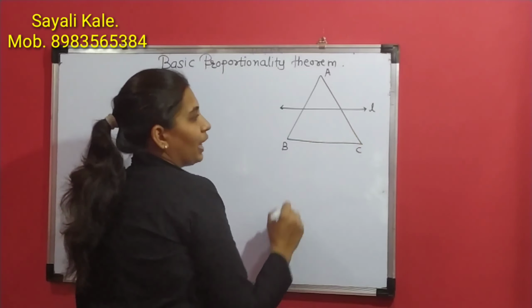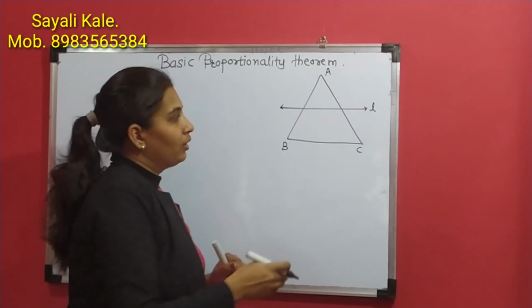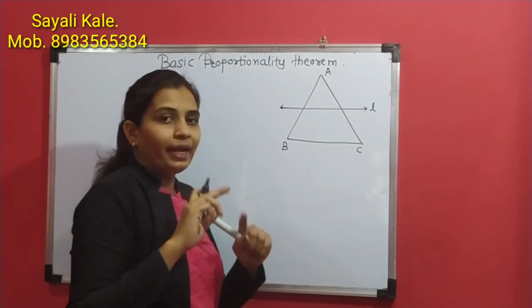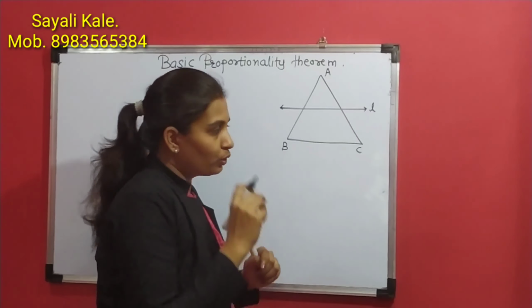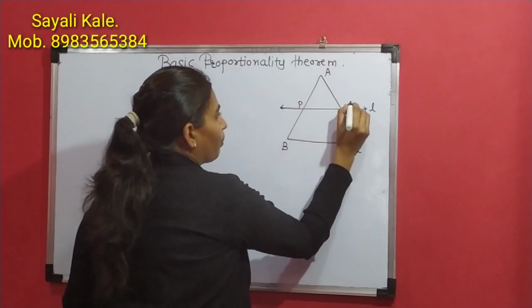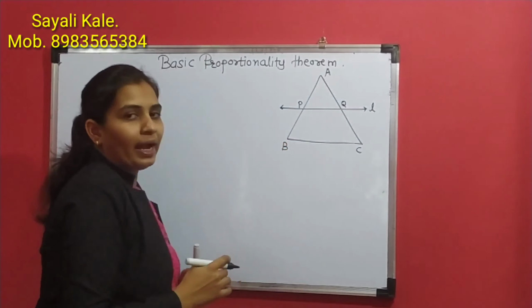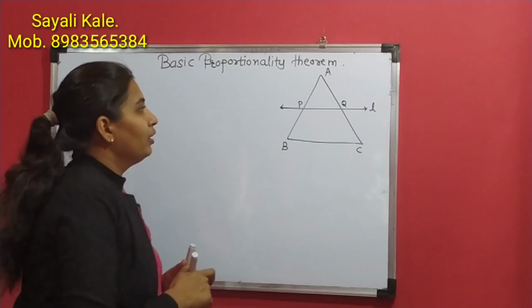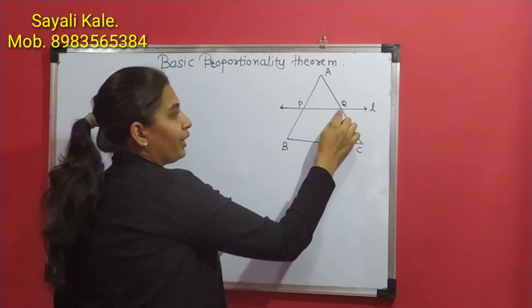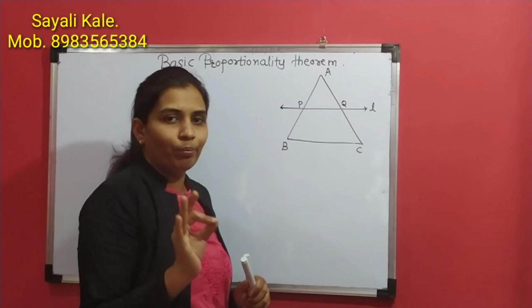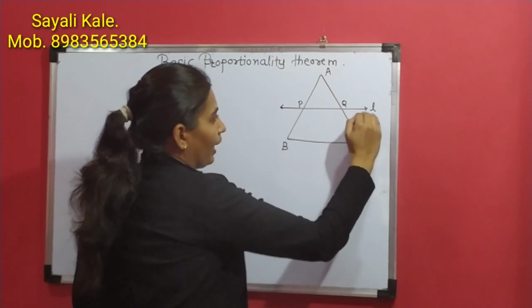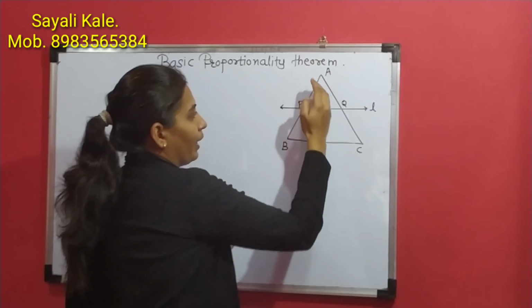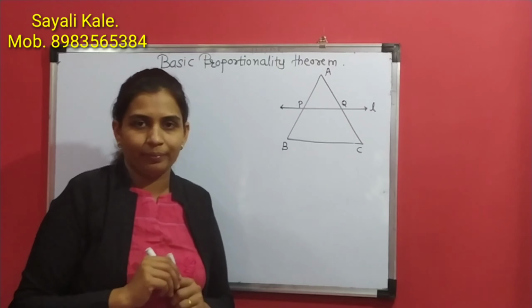Now, this line intersects the two remaining sides at two distinct points. Let the points be P and Q respectively. It means that points P and Q are the intersection points of line L with sides AB and AC respectively.